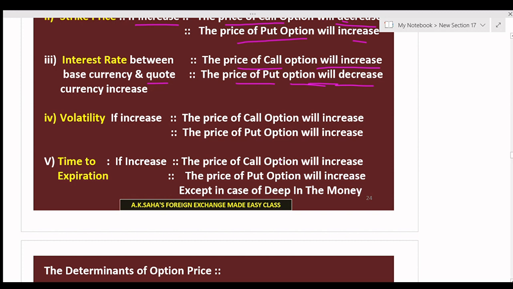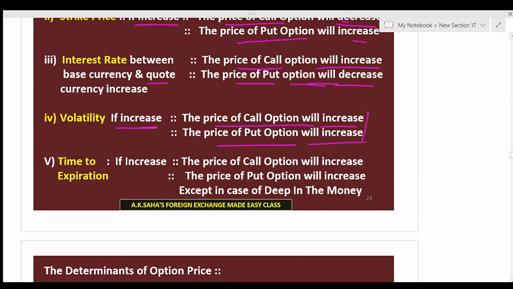If it fluctuates drastically, then it is high volatility, and if volatility increases, the price of the call option will increase and the price of the put option will increase. Both will increase. And if it decreases, then the price of the call option will decrease and the price of the put option will decrease.